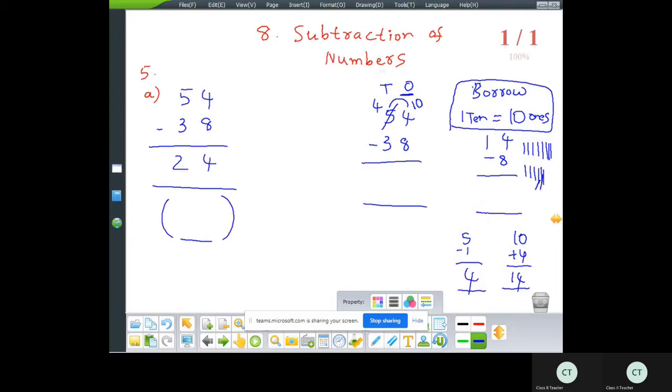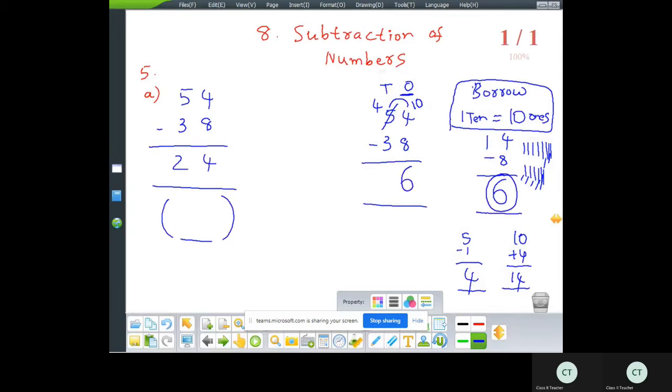After cutting 8 lines from 14, there are 6 left. 14 minus 8 is equal to 6. This answer 6, write in ones place.